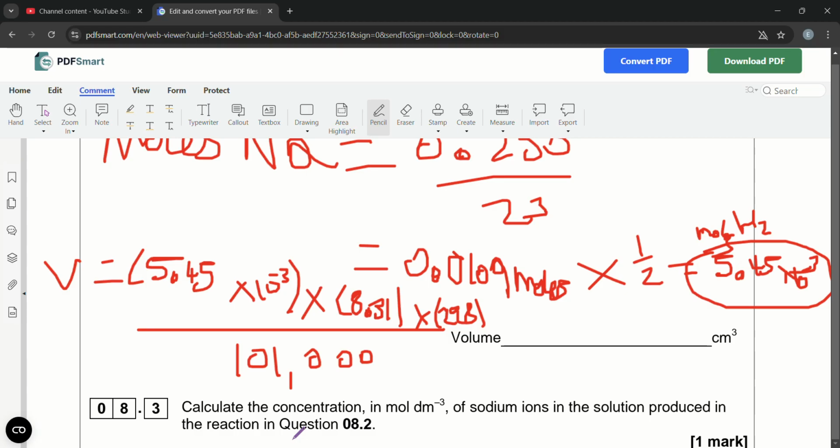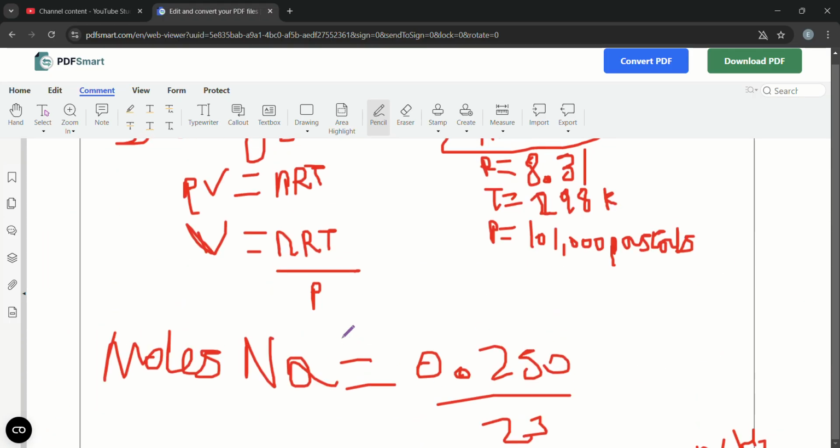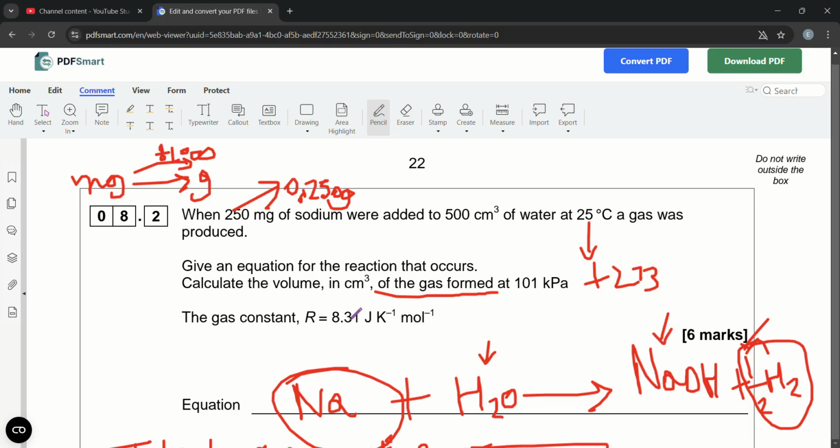Put it on a calculator, and we get 1.33 times 10 to the power minus 4, but that's obviously meters cubed. In the ideal gas equation, volume is going to be meters cubed, and we're trying to find it in centimeters cubed.